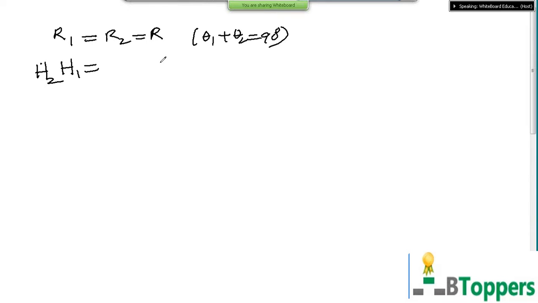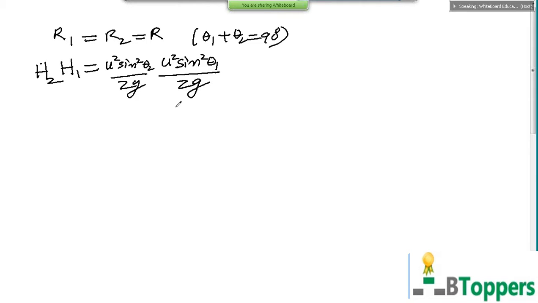The maximum height H1 in the first case you can write as u square sine square theta 1 by 2g. The maximum height in the second case you can write as u square sine square theta 2 by 2g. So you can substitute here, and carry 4 to the left side.